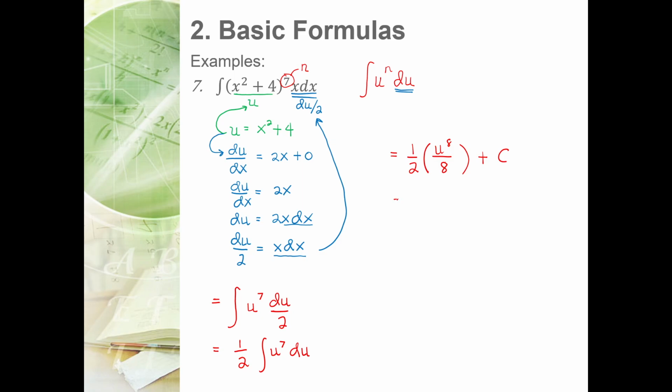Then you have u to the power of 8 all over 16 plus c. Don't forget to bring back the value of your u parameter. So that's x squared plus 4 to the power of 8 all over 16 plus c.